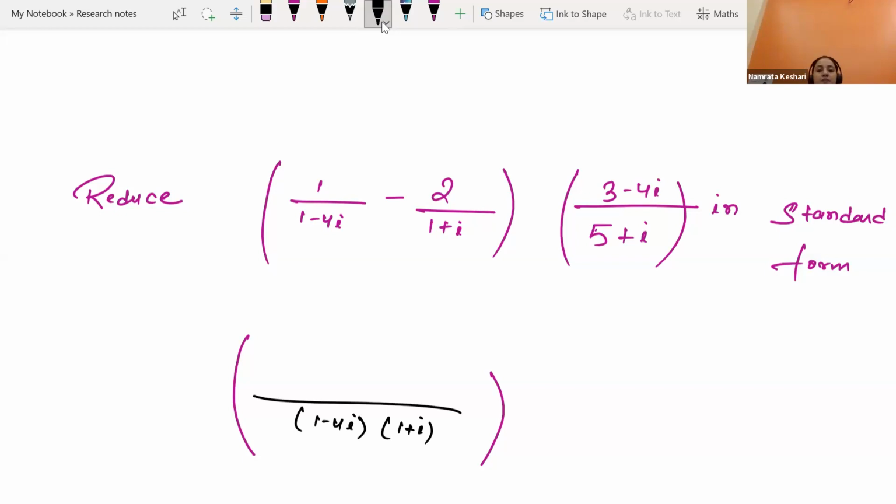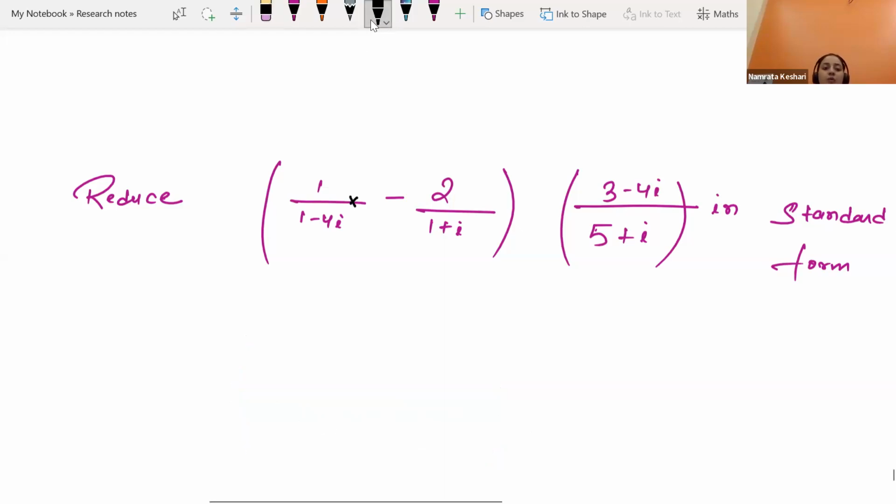and then proceed. Otherwise, the next possible option is you do the rationalization over here only. That is, 1 minus 4i is there. Here only do the rationalization, then it will be easier for you to continue and to think about the LCM.